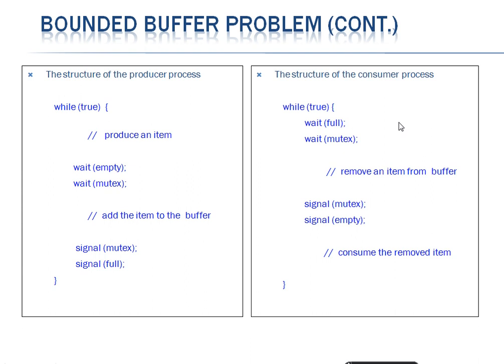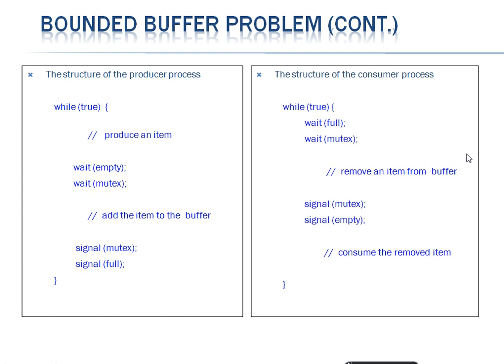In the consumer code, while the condition is true, it will call wait on the full semaphore, then wait on mutex. After invoking wait on mutex, it removes an item from the buffer. Remember, this is the consumer process.